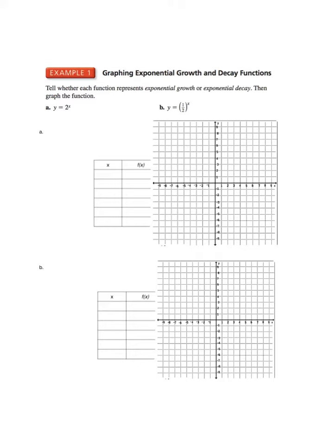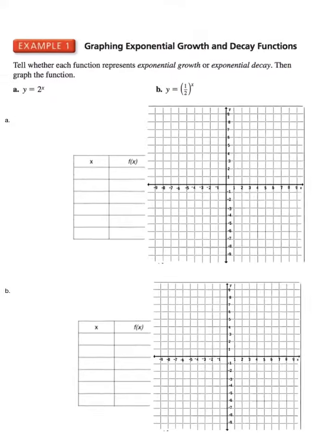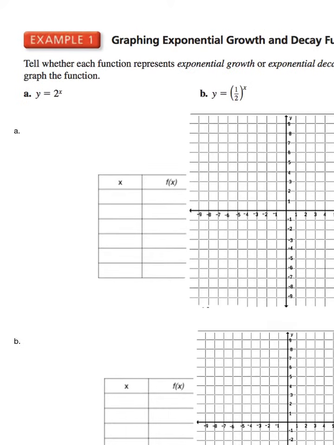So this first one is y equals 2 to the x. We've already done this, so let's just watch it again. See if you can remember the values that I'm using for x: -2, -1, 0, 1, and 2.